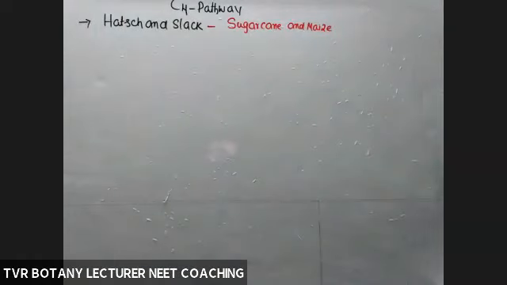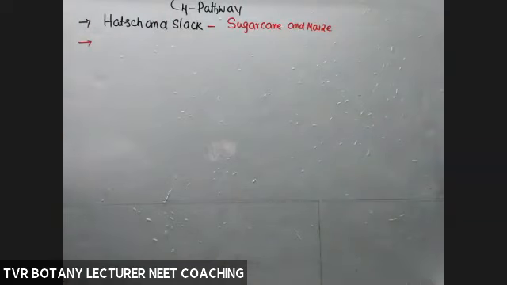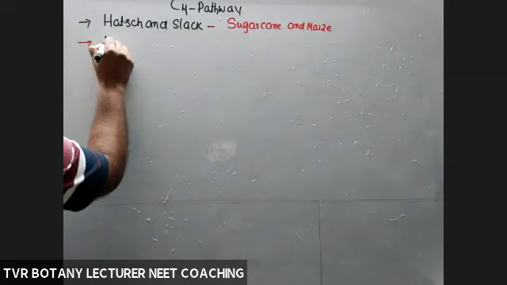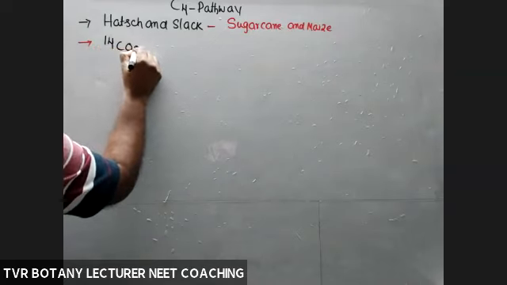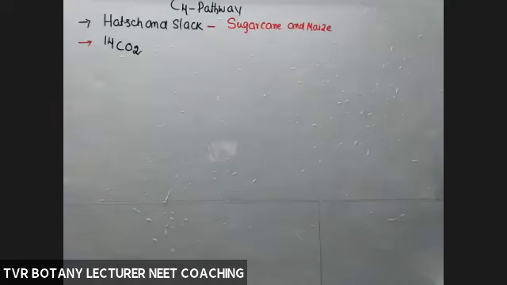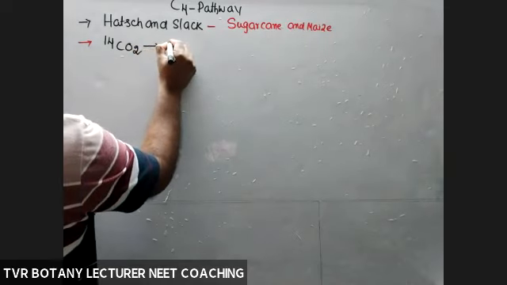Sugarcane and maize. So in this experiment, what they did, they supplied 14CO2, radioactive isotope, to sugarcane and maize.